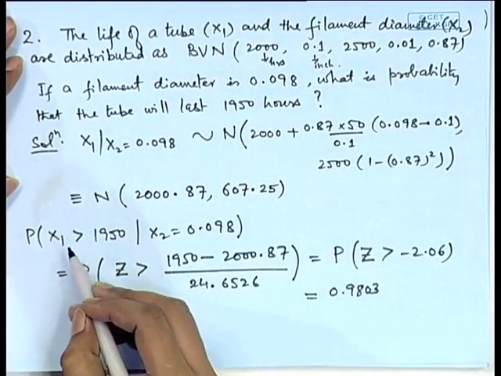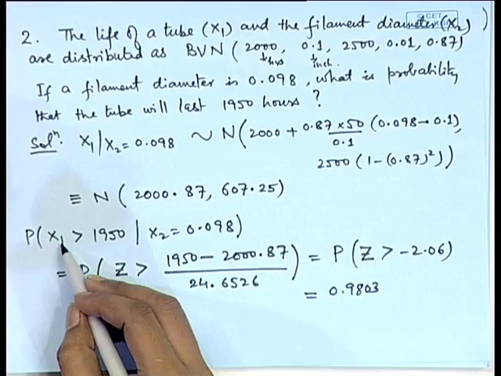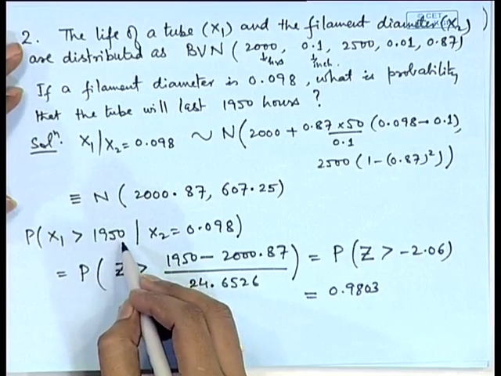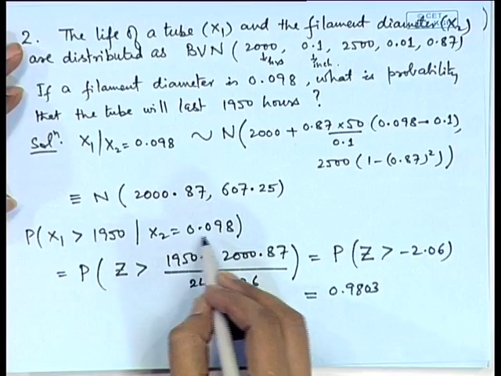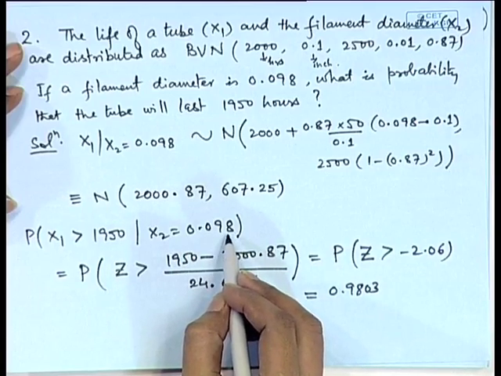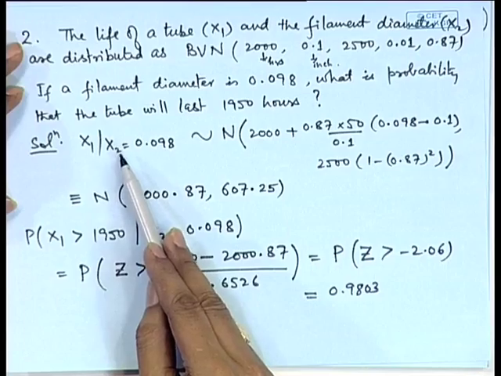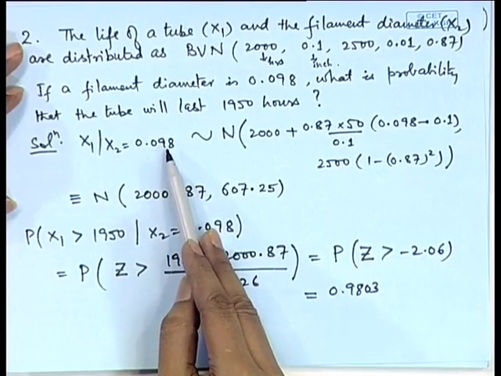So, we are interested to calculate the probability of surviving till 1950 hours given that the diameter is 0.098 inches. For this we need the conditional distribution of x 1 given x 2 equal to 0.098.